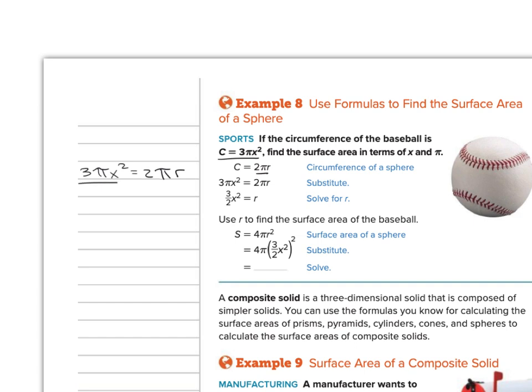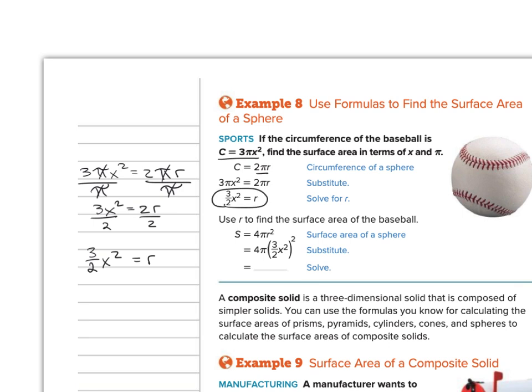So if I start combining like terms, and I divide pi from both sides, pi simplifies to the value of 1. I get 3x squared is equal to 2r. I need to isolate my radius. I divide by 2, and then my radius is actually equal to 3/2 x squared. And that's how they came up with my radius.